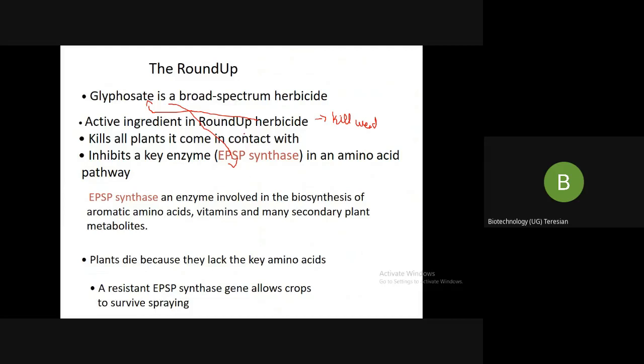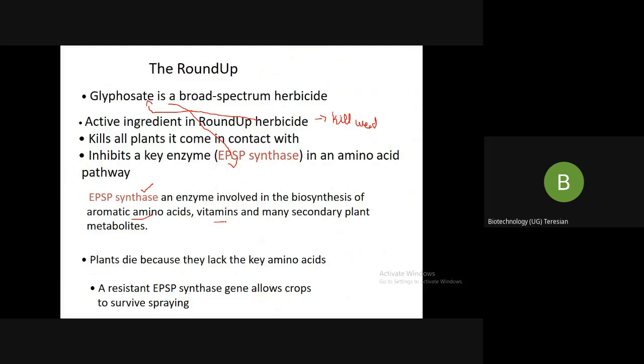EPSP synthase is an enzyme involved in biosynthesis of aromatic amino acids, vitamins, and many secondary plant metabolites. So you see that this enzyme is very important.